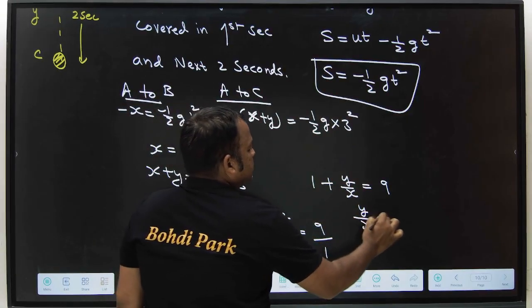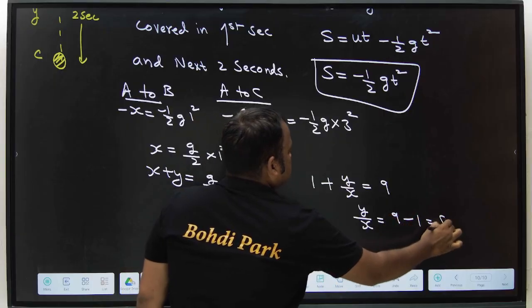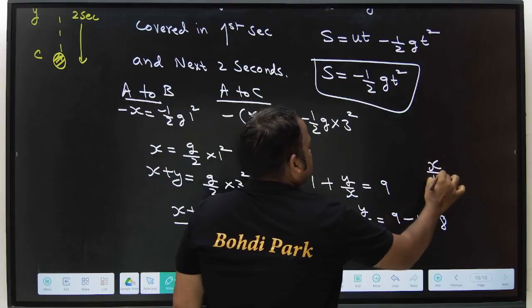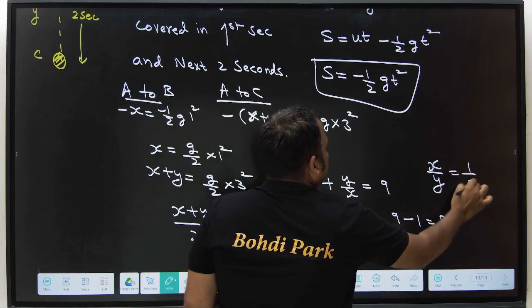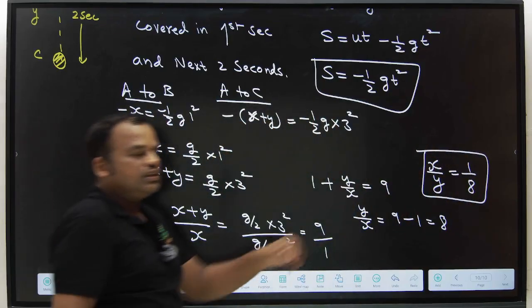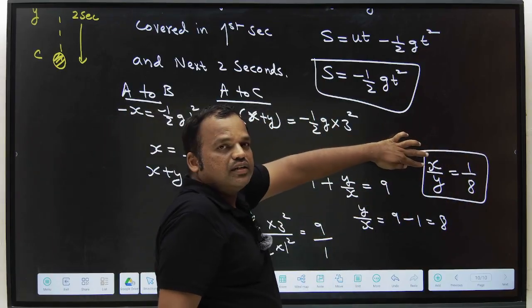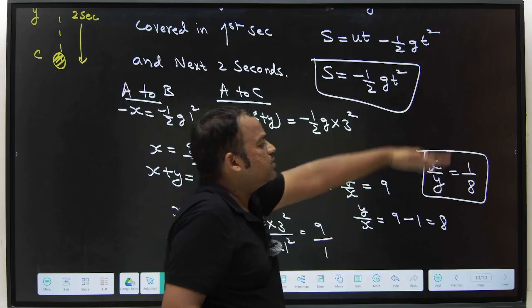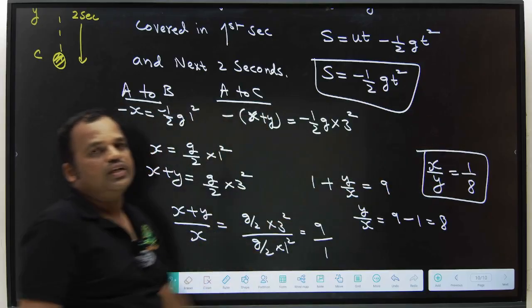So y by x is equal to 9 minus 1, which is 8. So x by y is equal to 1 by 8. This is our answer. The distance covered in the first second and the distance covered in the next 2 seconds, the ratio is 1 by 8, or 1 is to 8.